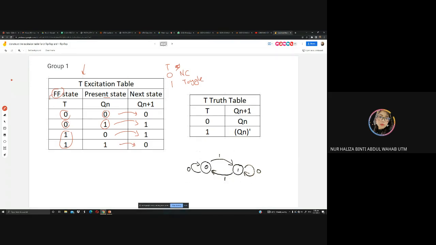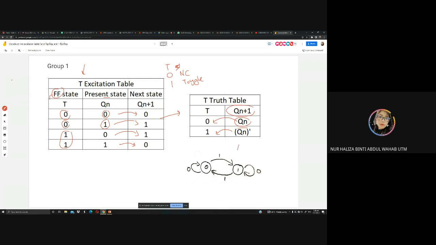So from this table, you can summarize to get your excitation table. Your next state, if it is similar to your present state, is going to be 0 for your T. And if it is a toggle or Q bar, it's going to be 1.